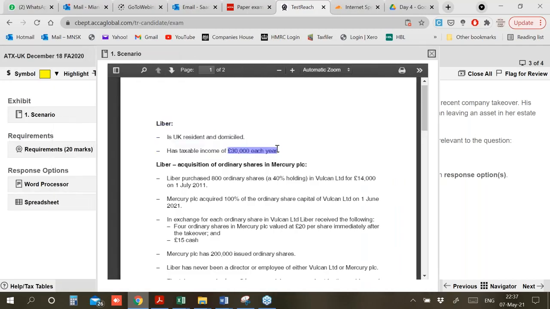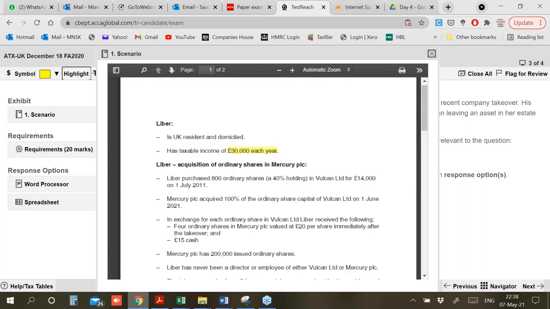If her taxable income is 30,000, she's a basic rate band payer. Taxable income means after deducting the personal allowance, the income that will be subject to tax will be 30,000. So she's a basic rate band payer. Now, any income that will increase her taxable income, a few of the income will be subject to basic rate band and the remaining will be subject to high rate band.